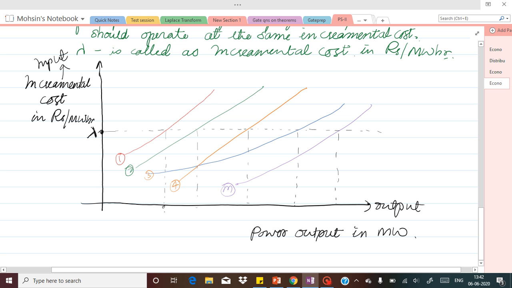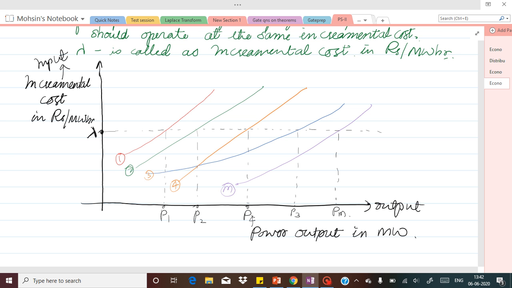So here this power is P1 and this power is P2. Here this power is P4 and this is for curve 3, so it is P3. This is for the mth curve, okay. So now here all the units are operated at the same incremental cost. By adding the sum of all the powers generated, that particular demand at a time will be met by this overall plant.